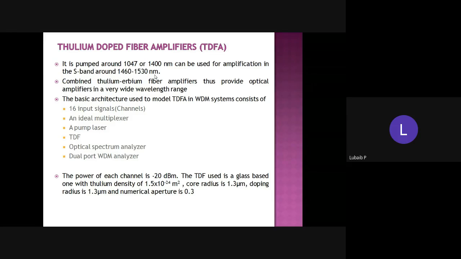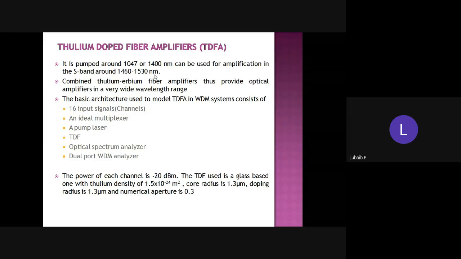Here, the basic structure used to model a TDFA is 16 input signal channels, an ideal multiplexer, a pump laser, and a thulium doped fiber, which is the active medium in the optical amplifier. After that, an optical spectrum analyzer and a WDM analyzer. These are the basic architecture used to model TDFA.